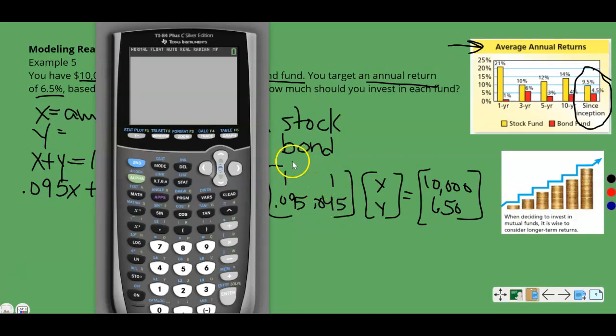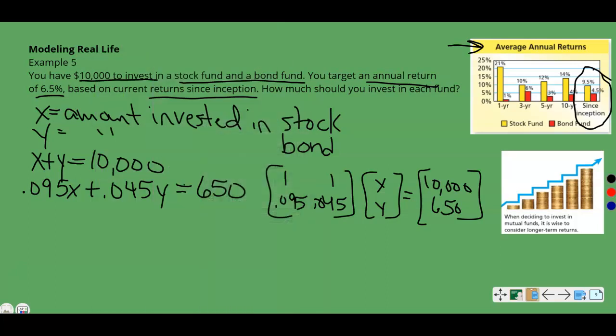I have entered this matrix as matrix A, and this matrix as matrix B. Now we can do A inverse times matrix B. And that says 4,000 and 6,000.